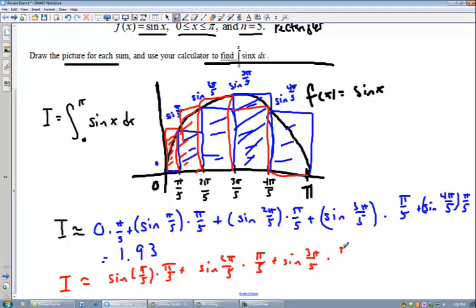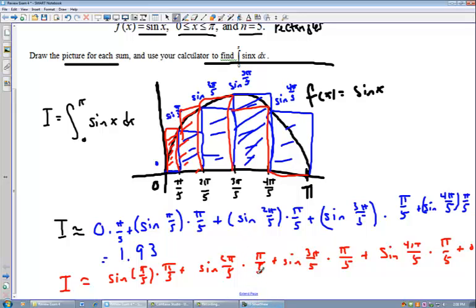And here I'm not going to put the parentheses around the sine because you already know what I'm doing. So then plus sine of 4 pi over 5 times pi over 5. And there should be one more, and that's a 0, so I'm going to leave that alone. So this time plus 0, because the height of this rectangle is 0. I mean, you can take sine of pi, but sine of pi is 0.